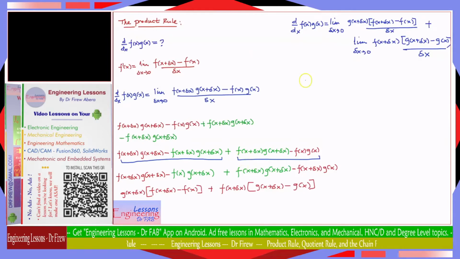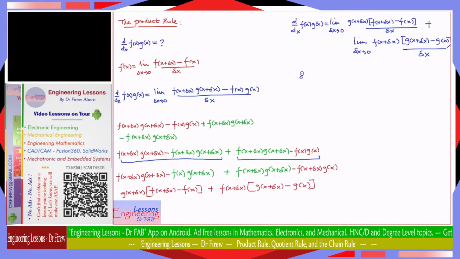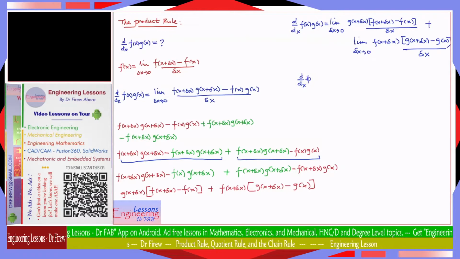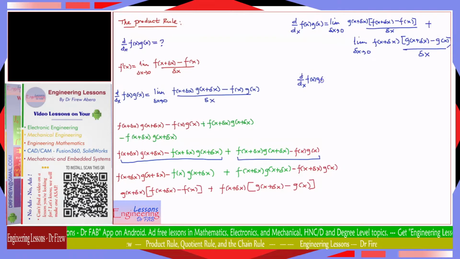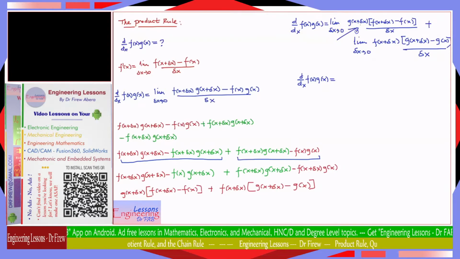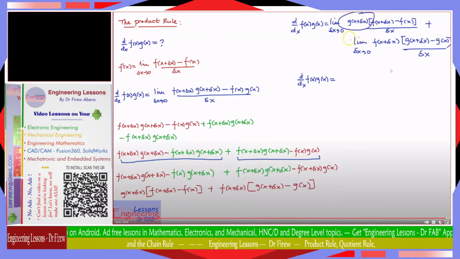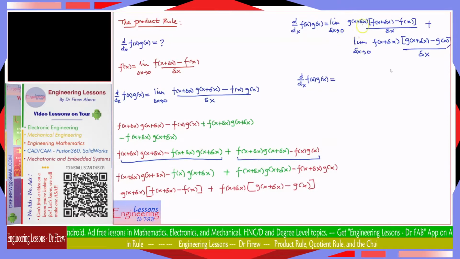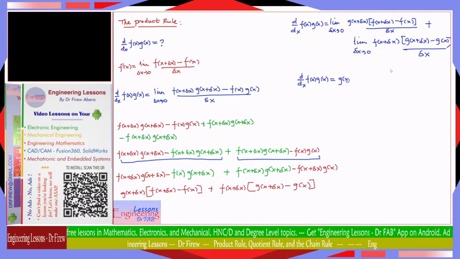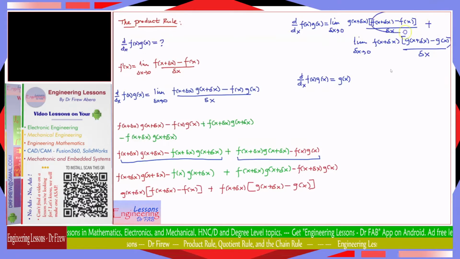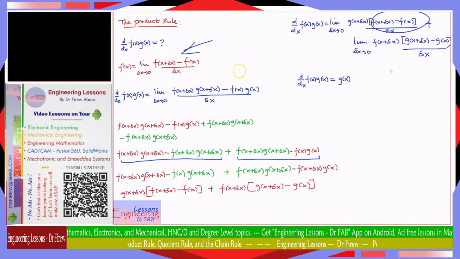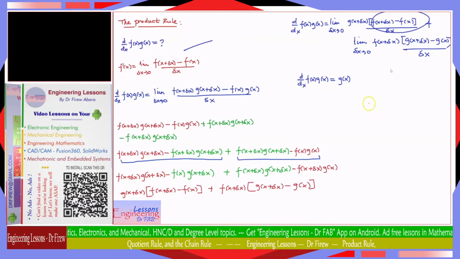So this means d by dx of f of x times g of x equals, from this expression, the limit as sigma x approaches 0, so that will be 0, and we have g of x. And the limit of that is the very definition of the first principle of derivatives for f of x.